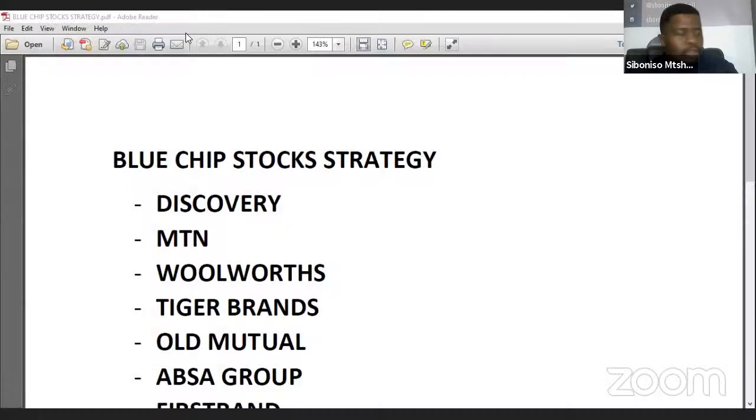So let's start with what we call the blue chip stocks. Blue chip stocks are those shares of companies that have stronger books, companies that have some growth. So we call them blue chip stocks.